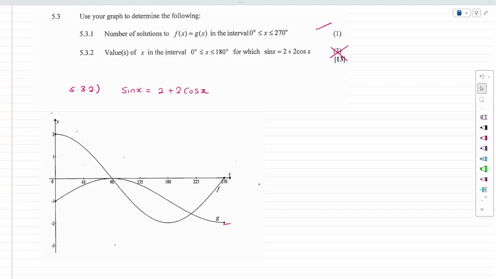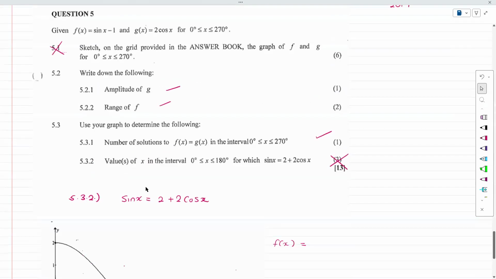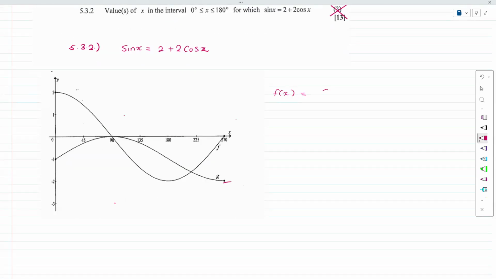Now, the problem is this graph, f of x equals to something else. F of x equals to sine x minus 1. And g of x equals to 2 cos x. Now, these two don't look the same.